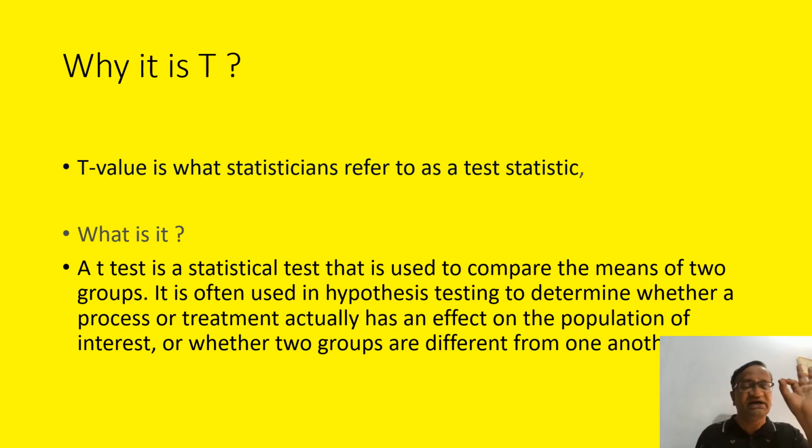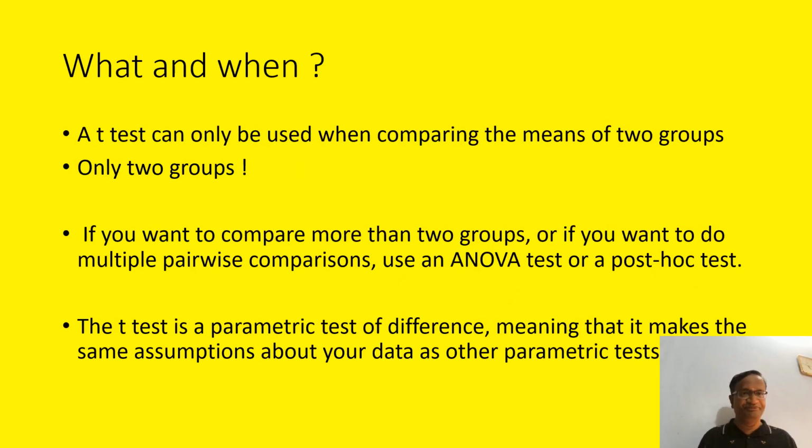This is what the t-test is used for, for two groups only. Very important: if you want to compare more than two groups, you should use the ANOVA test, analysis of variance.